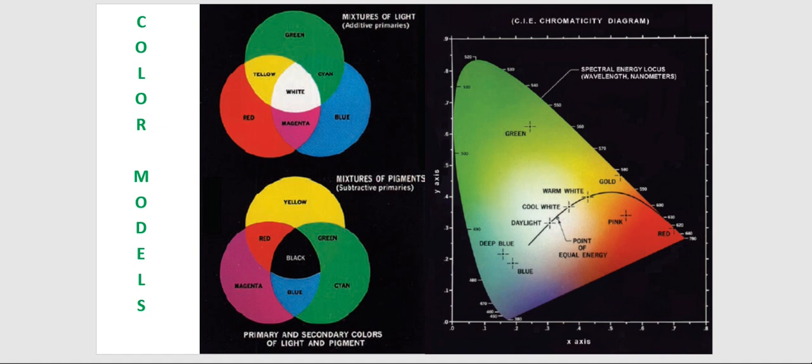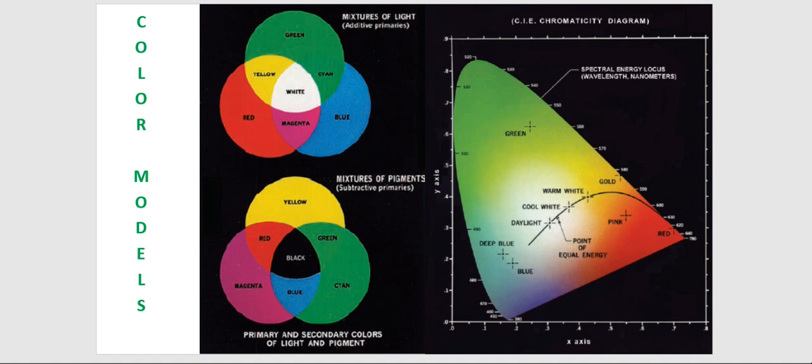Even in the olden days, the old technology we used for color televisions, the cathode ray tube screens, used an additive combination of these three primitive colors of red, green, and blue.